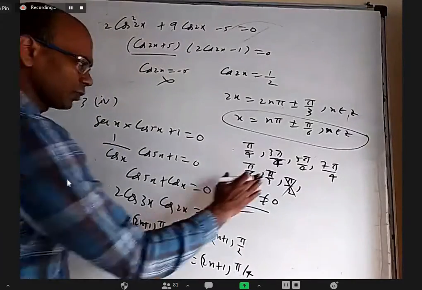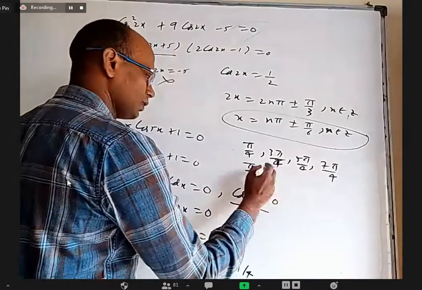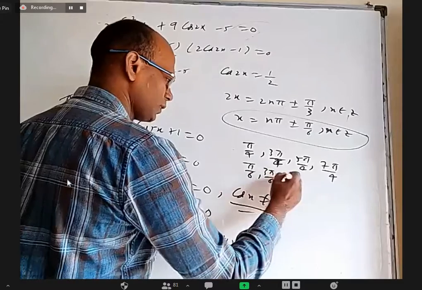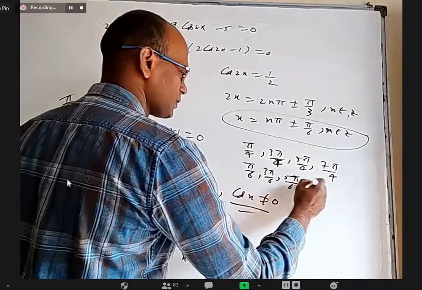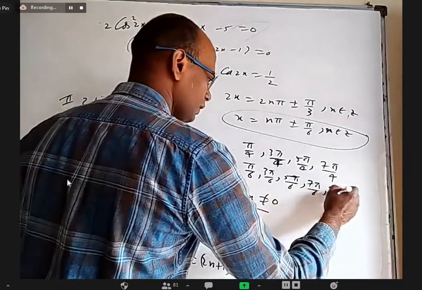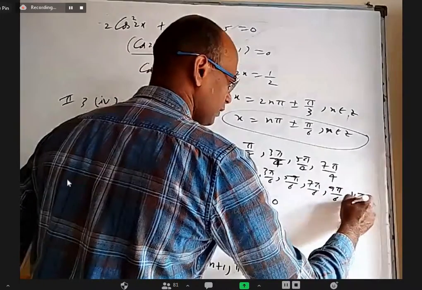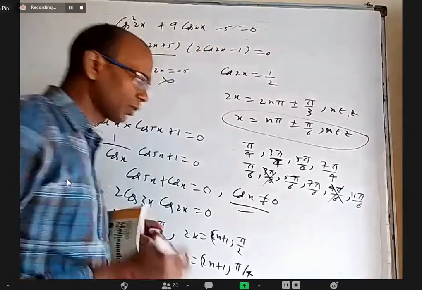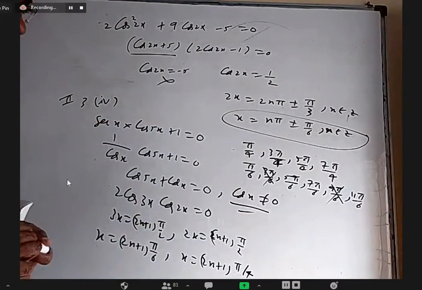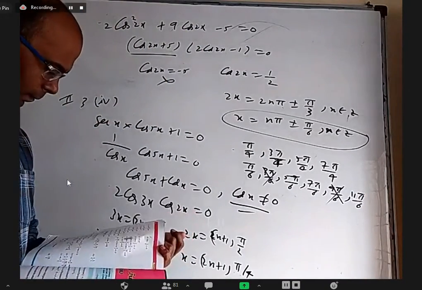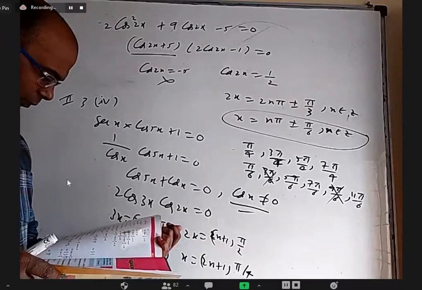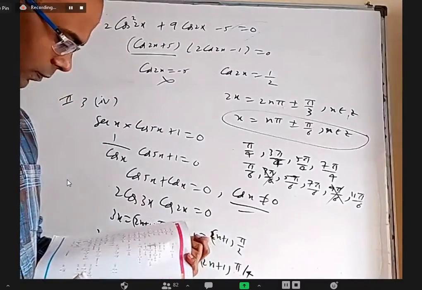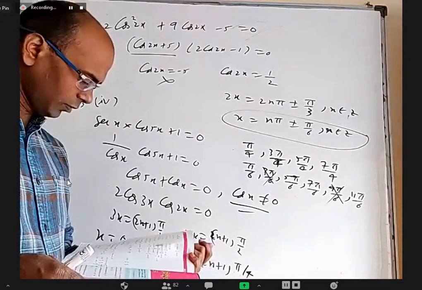Pi by 6, not 2 pi by 6. This is 3 pi by 6, this is 5 pi by 6, 7 pi by 6, 9 pi by 6, 11 pi by 6. In that 3 pi by 6 is not okay. 9 pi by 6 is not okay. Cos will be 0. So we got 4 plus 4, 8 solutions: pi by 6, pi by 4, 3 pi by 4, 5 pi by 6, 5 pi by 4, 7 pi by 6, 7 pi by 4, 11 pi by 6.